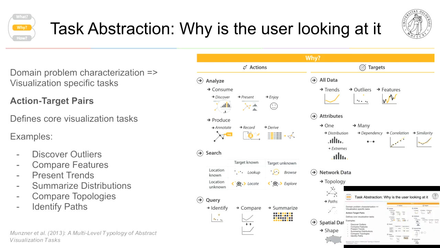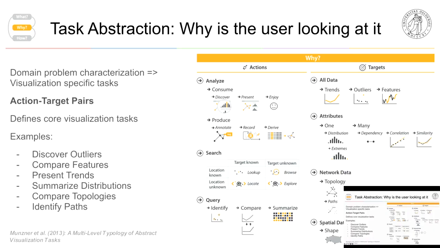So Tamara Munzner has defined this table of action target pairs, and these define your core visualization tasks, and these cover probably 90% of any task you will need to describe, visualization specific task.